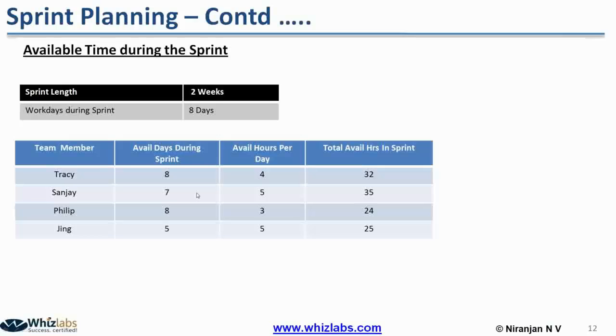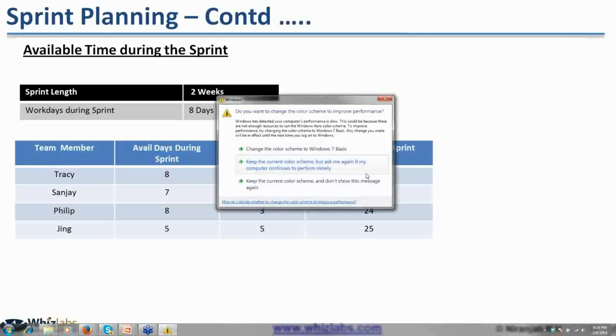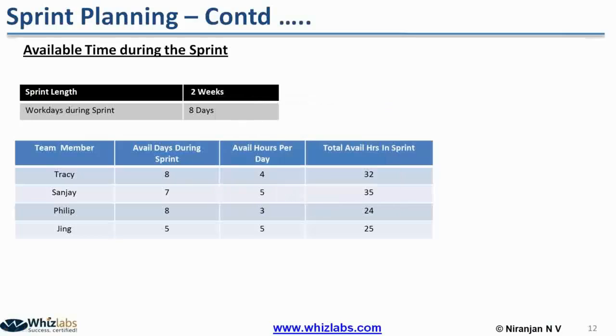Sanjay is available 7 days, for 5 hours per day. So his availability will be 35, and Tracy's availability will become 32 hours for the entire duration of the sprint. Similarly, Phillips and Jing are available for 24 and 25 hours for the entire sprint.